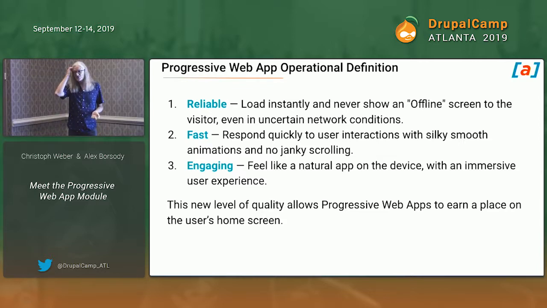You know, we've seen these things in our own websites, right? So with a progressive web app, we want to get closer to that nirvana to give instant gratification to the user. And they're engaging. They feel like a natural app. They give you what you need, no more, no less. It's very immersive, if possible. So this new level of quality allows a progressive web app to earn a place on a user's home screen.